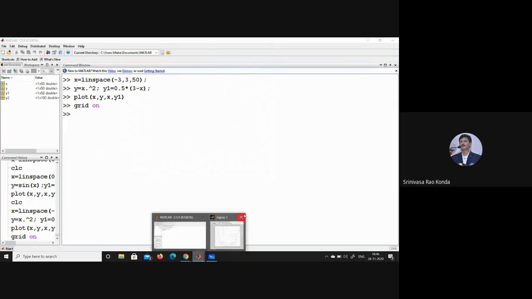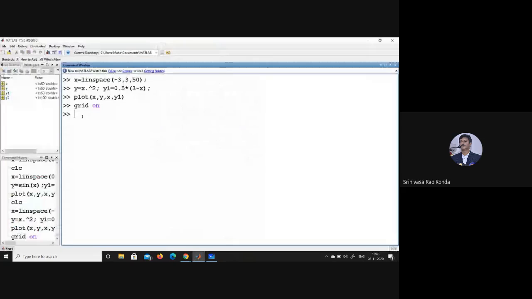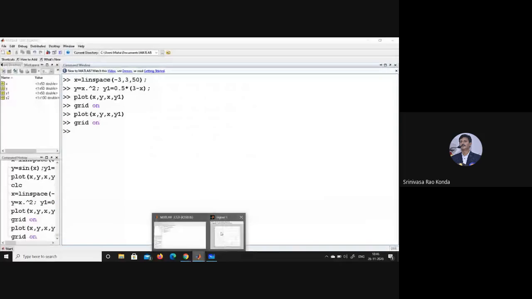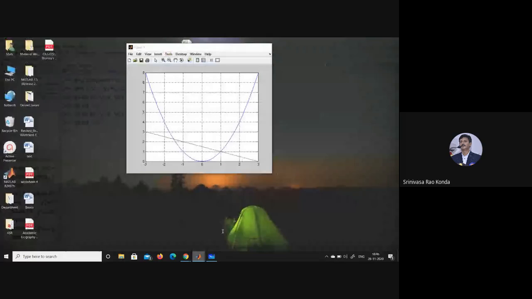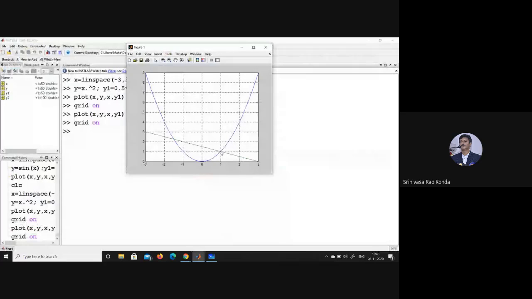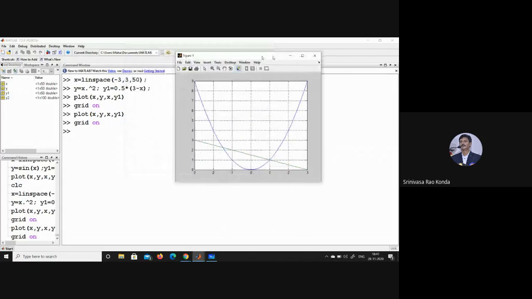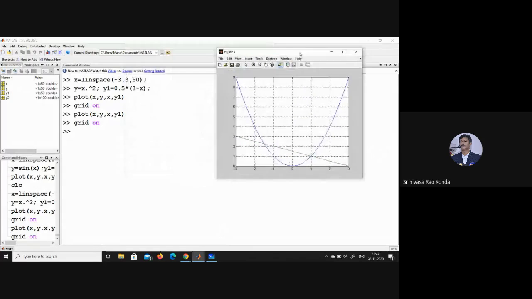This is the intersecting point. Am I correct? Yes.